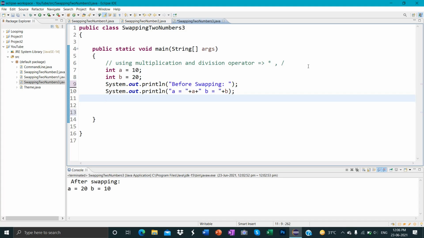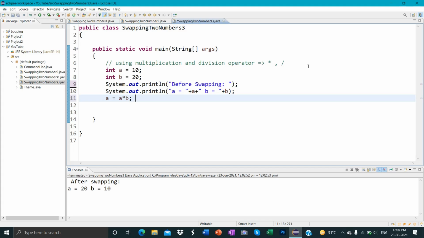Now let us implement the logic, that is using multiplication and division operator here. So it is a equals a into b.